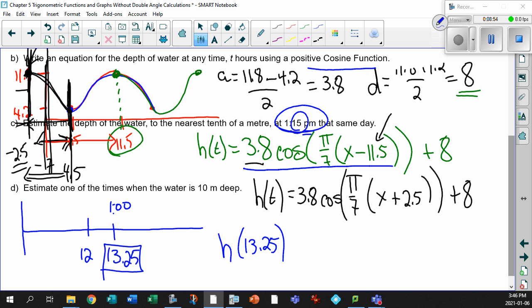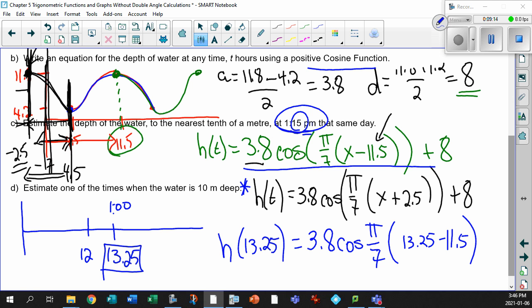Throw it into this guy. I'm going to use this guy just in case I messed up on this. I know I didn't, but I'm going to use this one anyways. Okay, 3.8 cos. There's the pi over 7. Beautiful. I'm going to put in my 13.25 here. I'm going to subtract my 11.5 here. Close off those brackets, right? Plus 8.